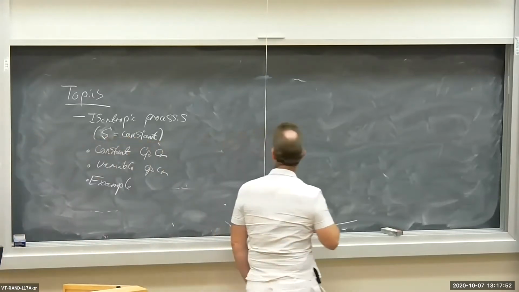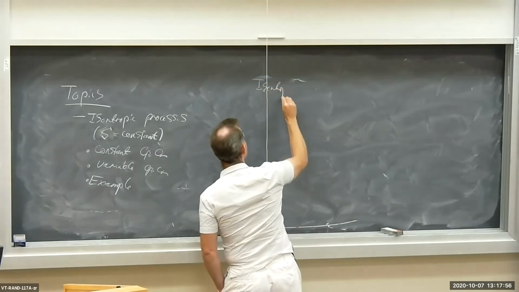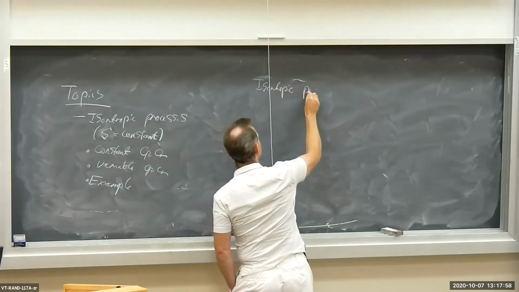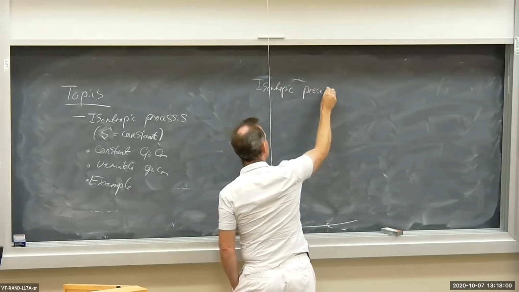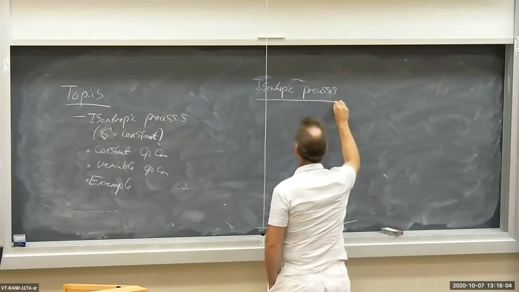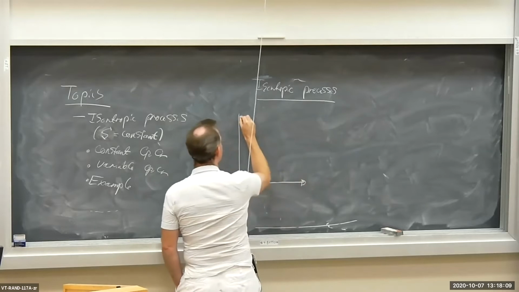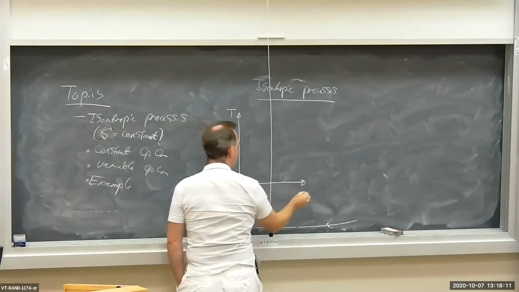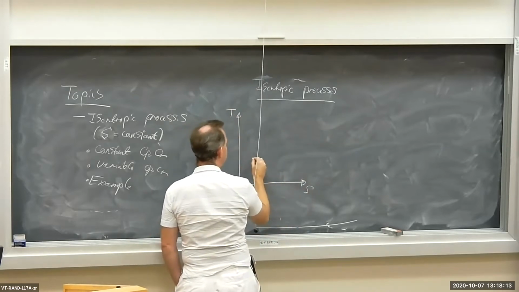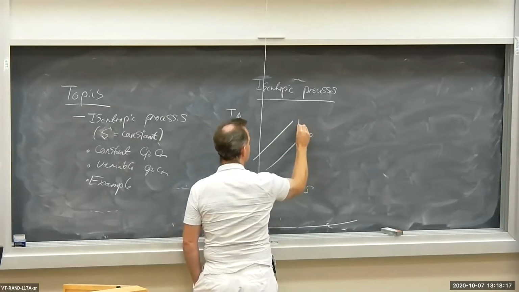So let's get started here. Isentropic processes. On a TS diagram, here's temperature, maybe there's some isobars in here. So here's pressure.